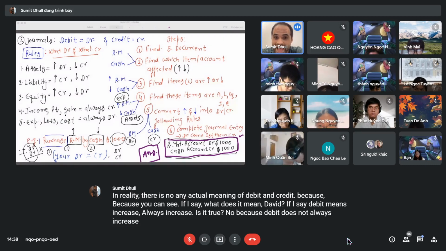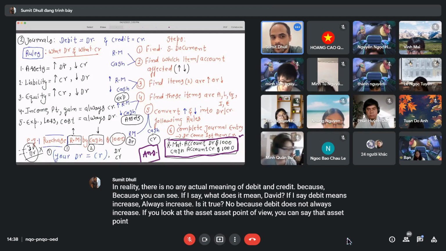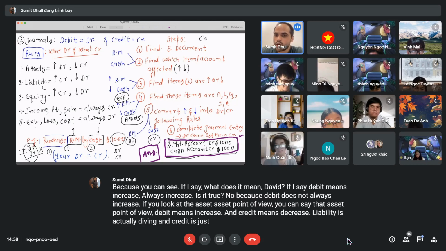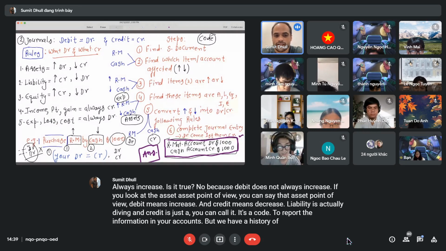From the asset point of view, debit means increase and credit means decrease. But debit and credit is just a code to report the information in your accounts.